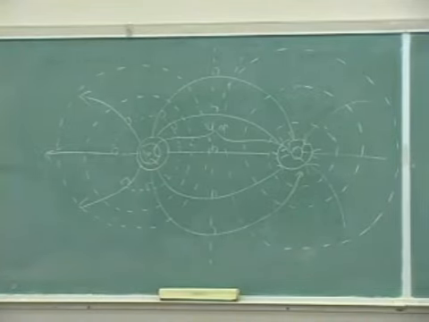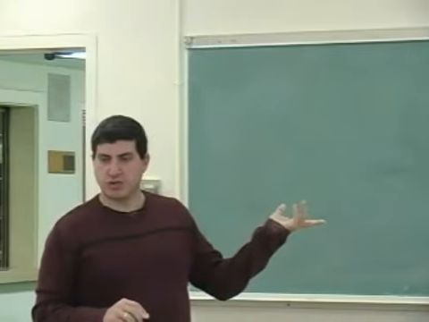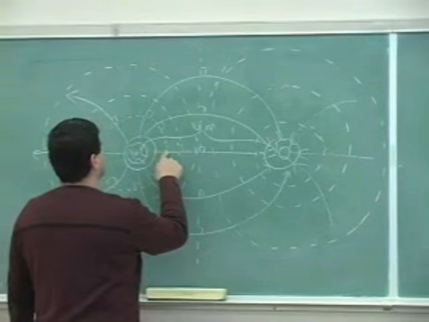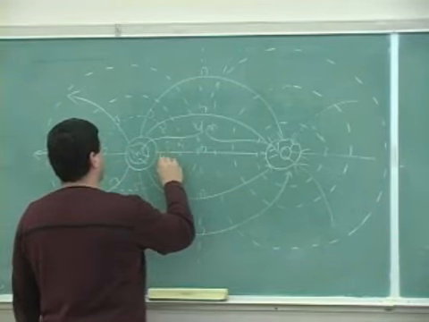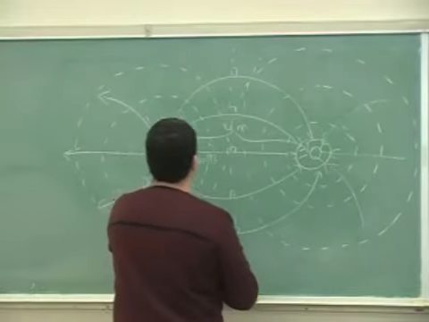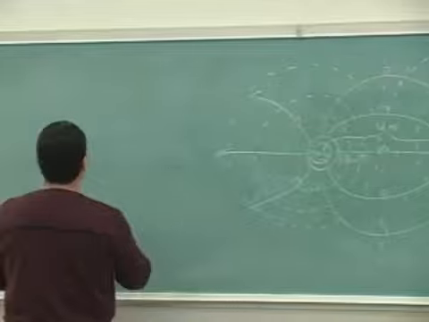We could use what we just learned to do the equipotential surfaces of this. If this is, let's say, 10 volts, 1 meter away, let me just draw one less.